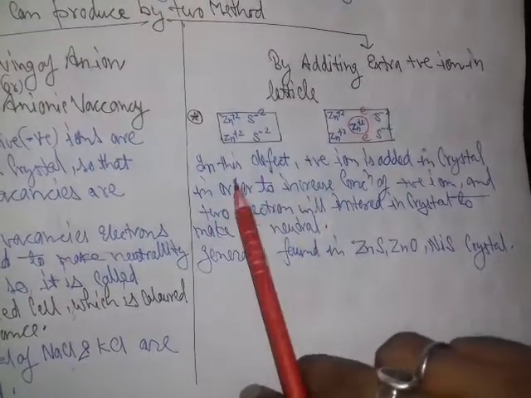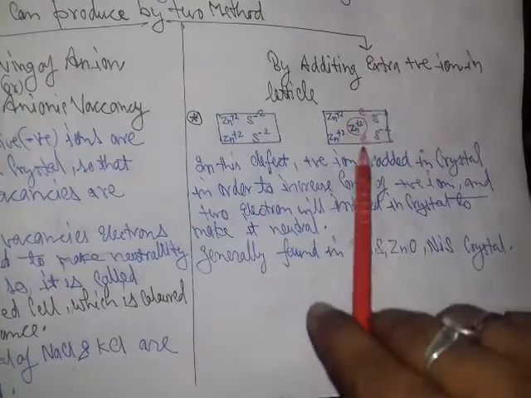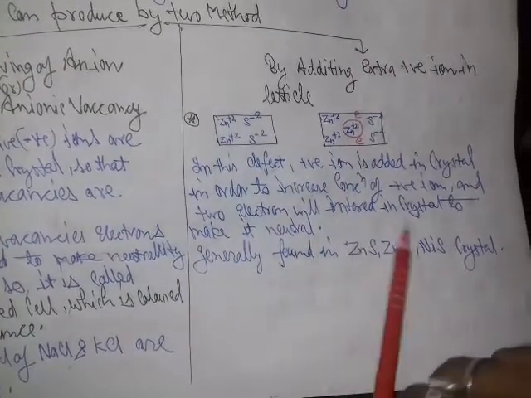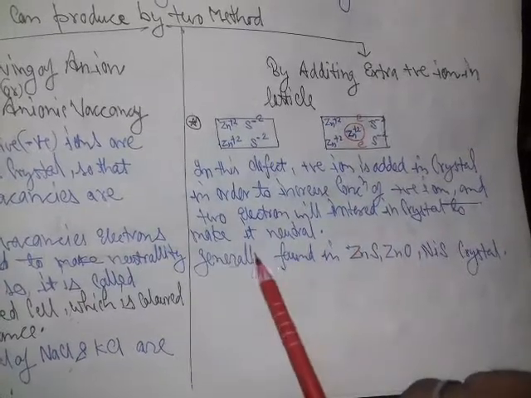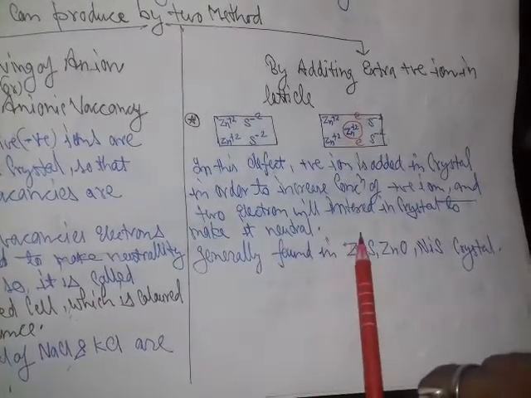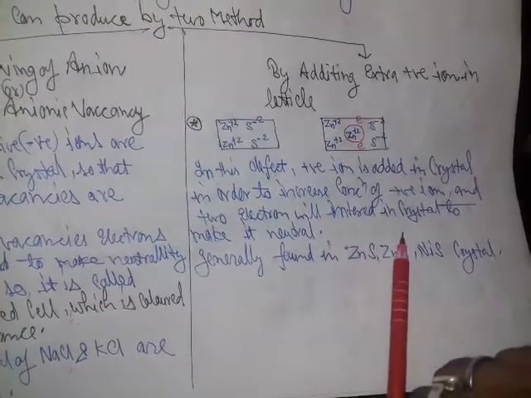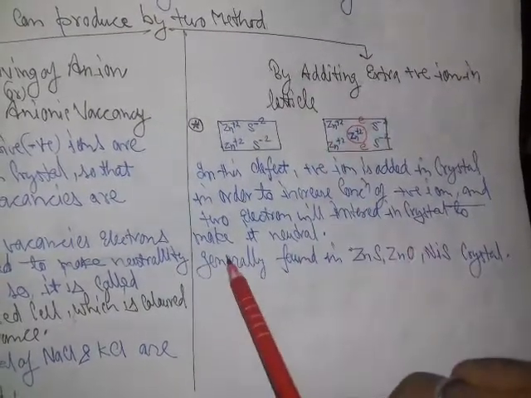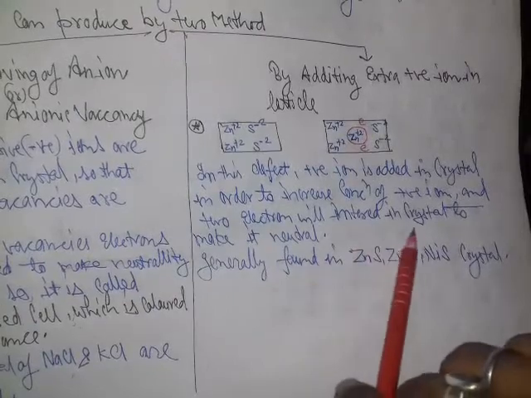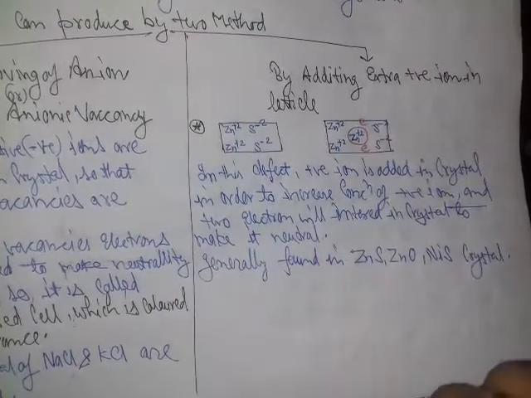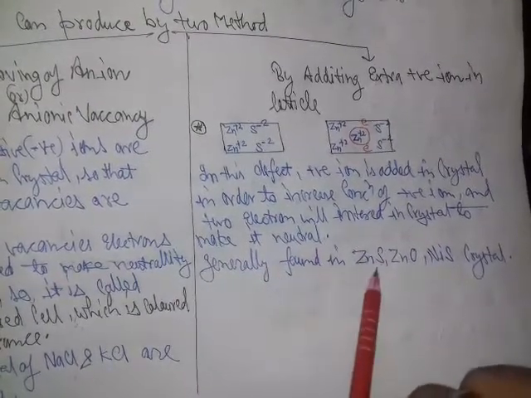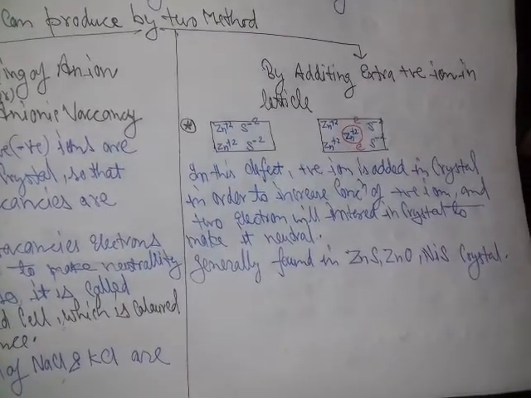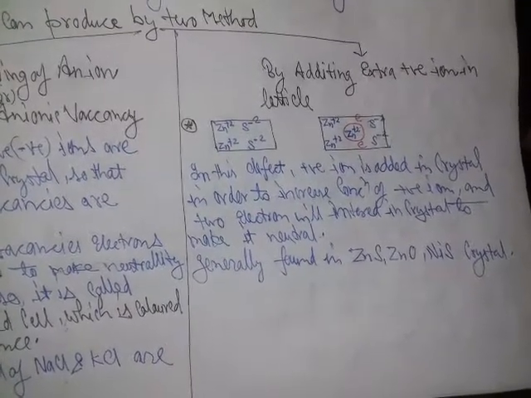In order to maintain neutrality, 2 electrons come outside in the crystal. So the concentration of positive ions increases and the crystal remains neutral. Generally it is found in zinc sulfide, zinc oxide and nickel sulfide crystals, and mainly in transition metals.